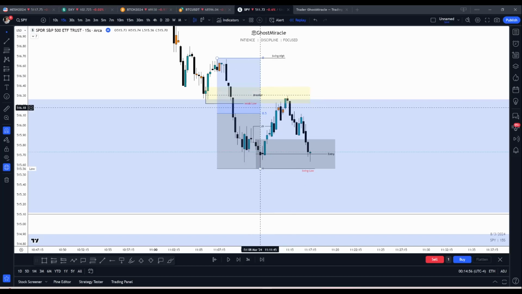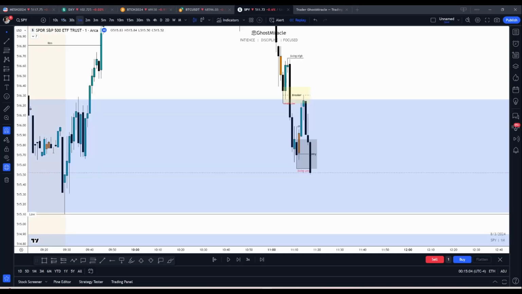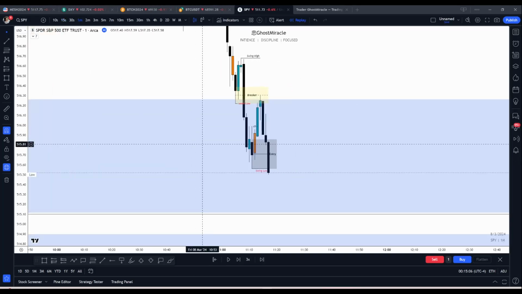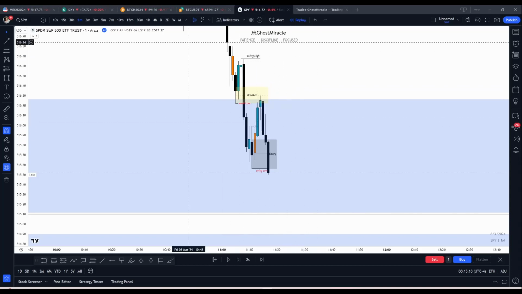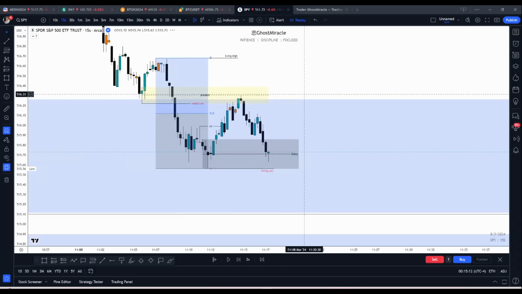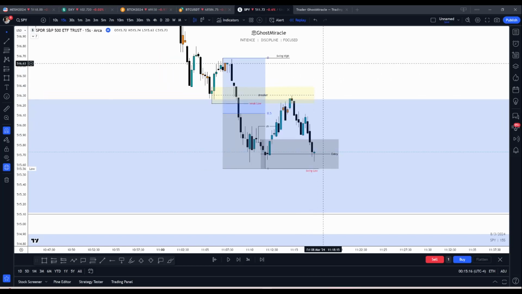With 15 seconds, you get your CHoCH, then your internal break on the 15-second is your CHoCH on the M1. On the 1 minute, your CHoCH will be where I have the swing high currently for the 15-second.